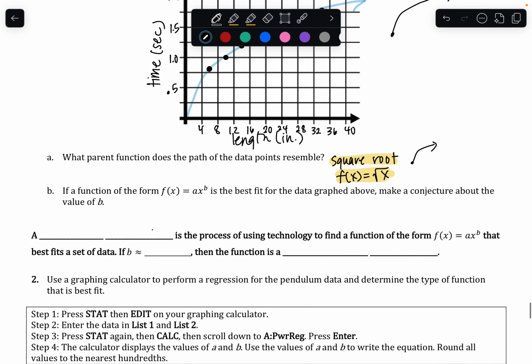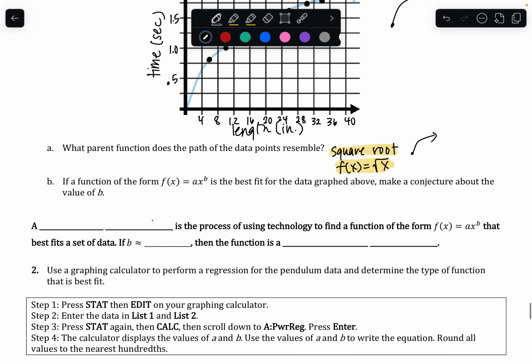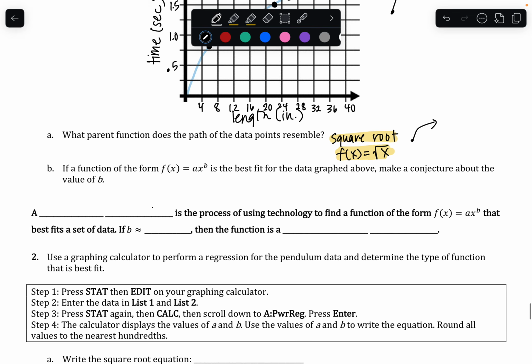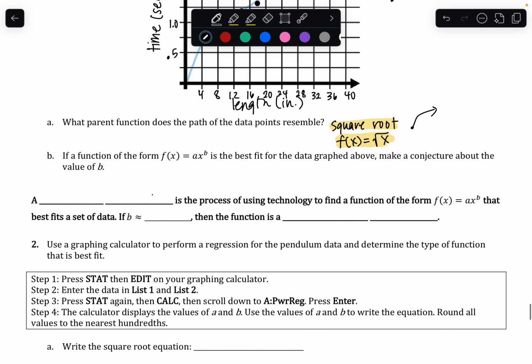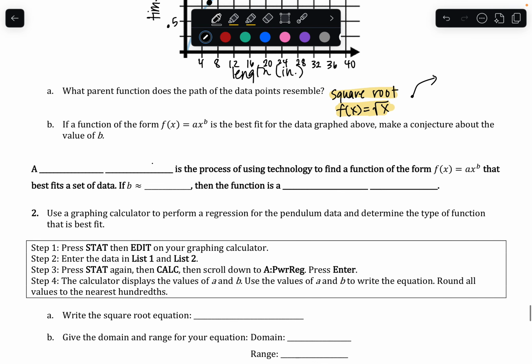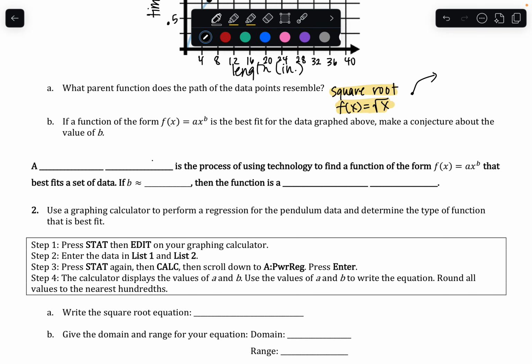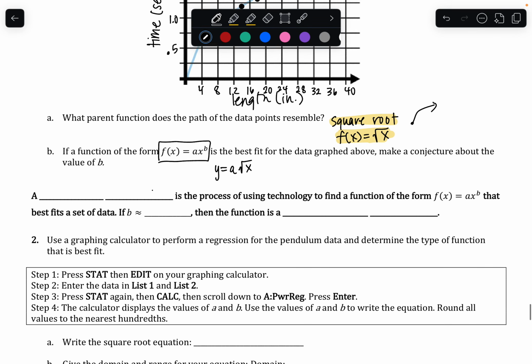We've done linear regression, quadratic regression, and even exponential regressions, but we've never done square root regression. There isn't actually an option for square root regression, so we use something called power regression. If the function were in this form, a times b to the x, to fit this graph, we know it's going to be a square root function with some a value, going through 0.